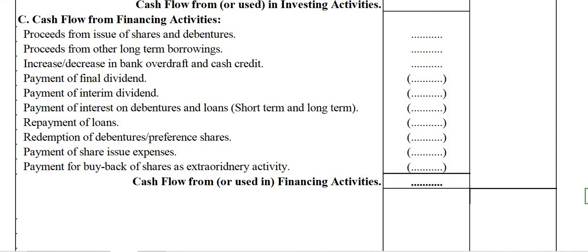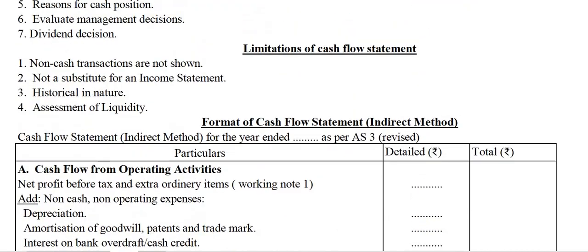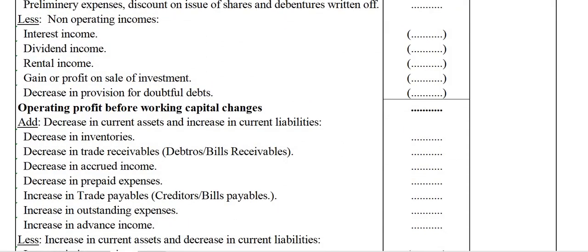You can see here we have got this much as cash generated from financing activities, or if we are getting this amount in minus, we will be using it as cash used in financing activities. So we will take that into the outer column, and now we have got the amount for all the three different activities. Here also we have to mention that in the outer column.